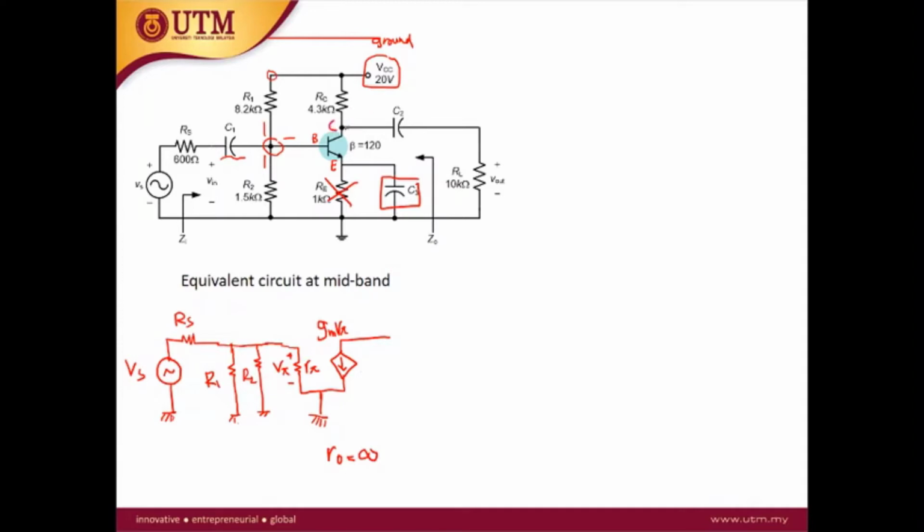After that, at the collector point, we have RC and RL. So this is the mid-band equivalent circuit.